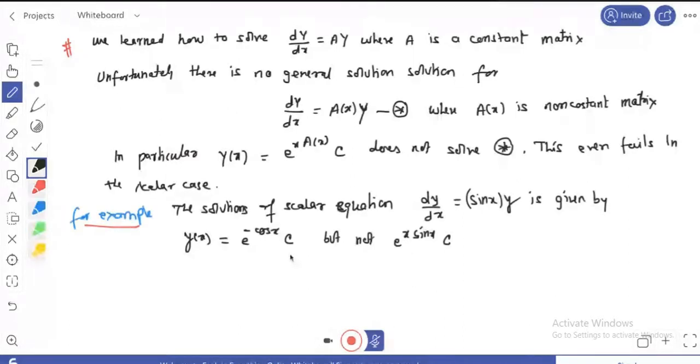So in general, you put here the integral sign, and then in that case the integral equals minus cos x.